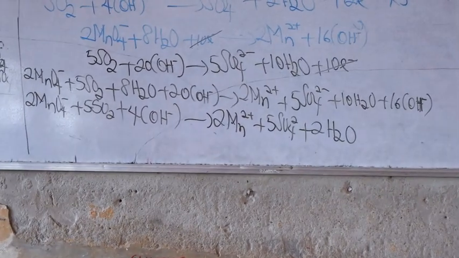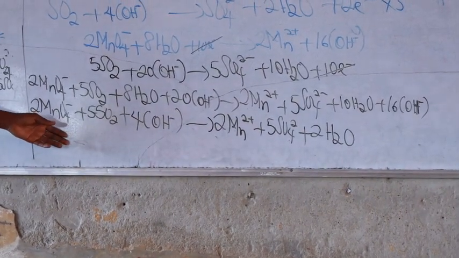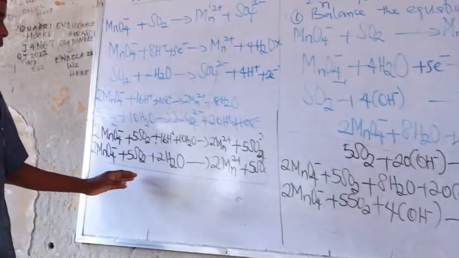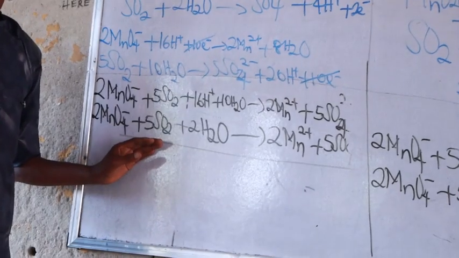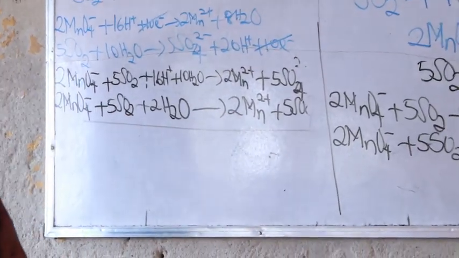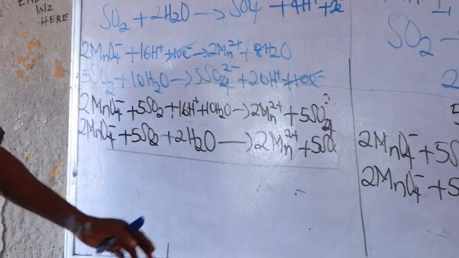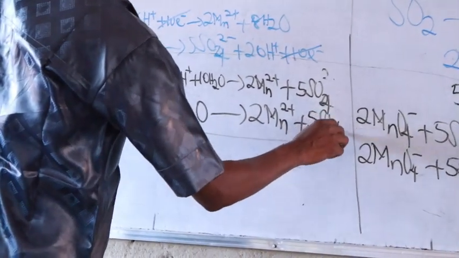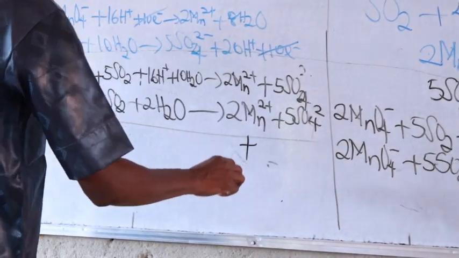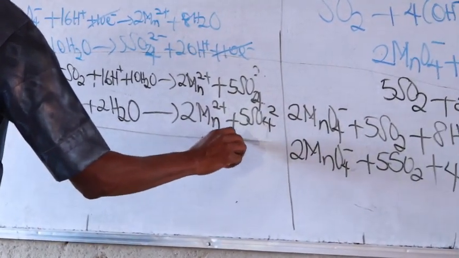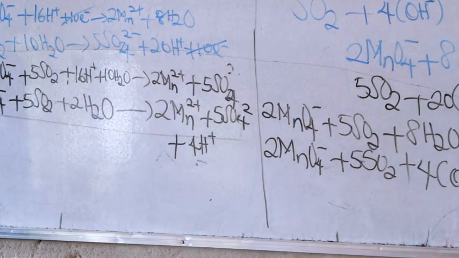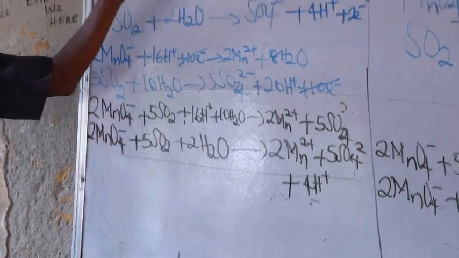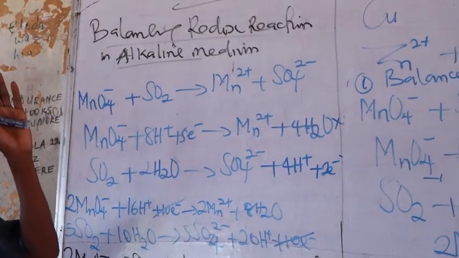Compare the answer we have when it's balanced in alkaline medium to what we had when we balanced it in acidic medium. What was added there? 2MnO4 plus 2Mn2 plus, what do we have here? And this is plus 4 hydrogen ion. You can compare the two equations. We're given the same equation, but we balance it in different medium.